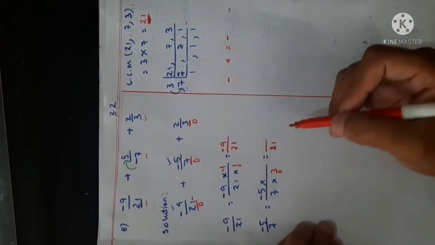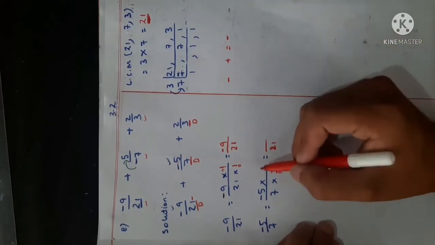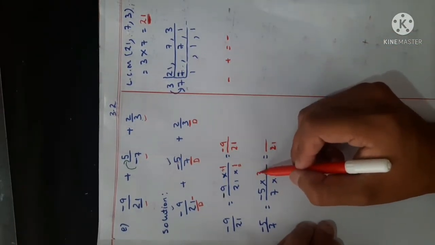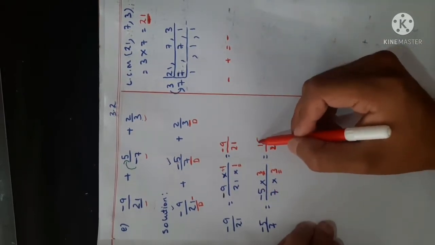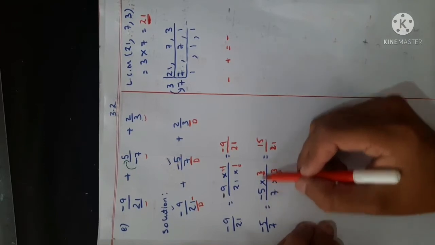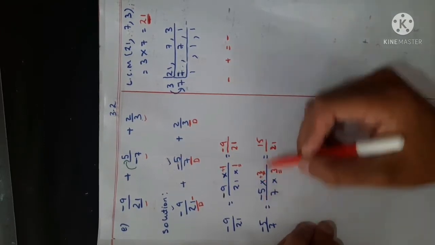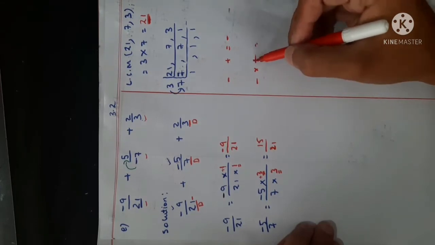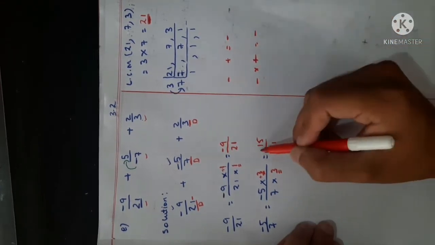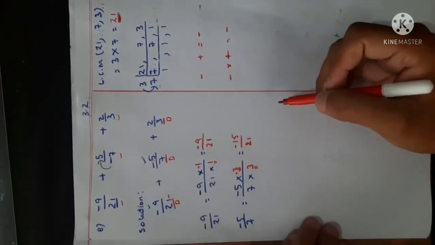Since we have multiplied by 3 in the denominator, to the numerator also we have to multiply by 3. So 5 multiply 3, we will get 15. And again here, we have a minus sign, and this is a plus sign. So minus multiply plus, we will get minus. So we put here the sign minus.